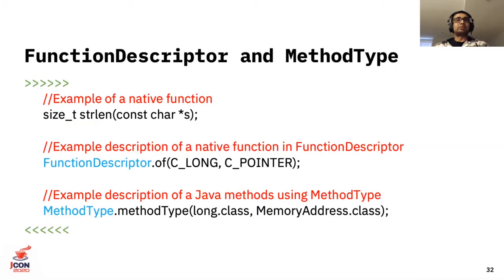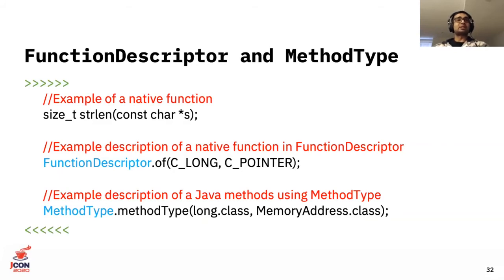And the next step is to represent and describe native functions and Java methods. The Foreign Function Support API needs to be informed about the return type and input argument types of the native function and Java methods. This is important to translate the return type and input arguments when passing them between native functions and Java methods. In this example, I've shown a native function strlen, which simply determines the length of a string.